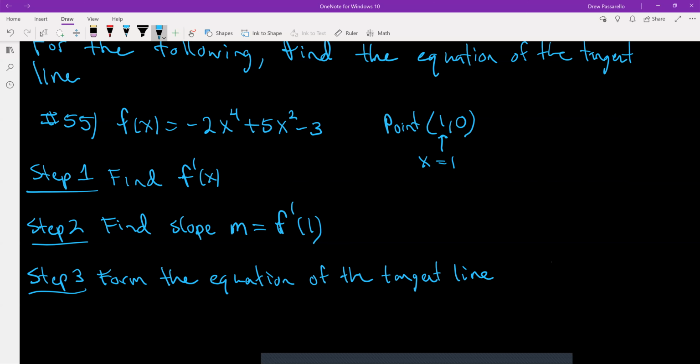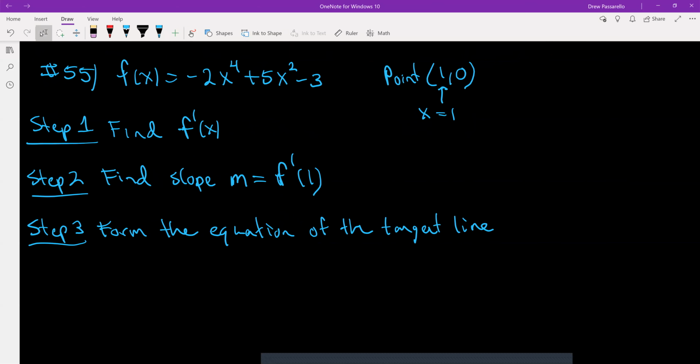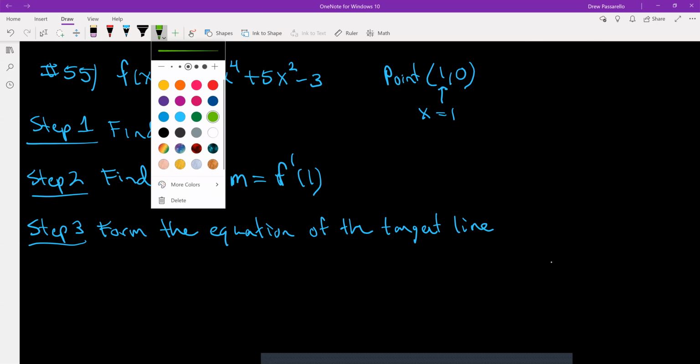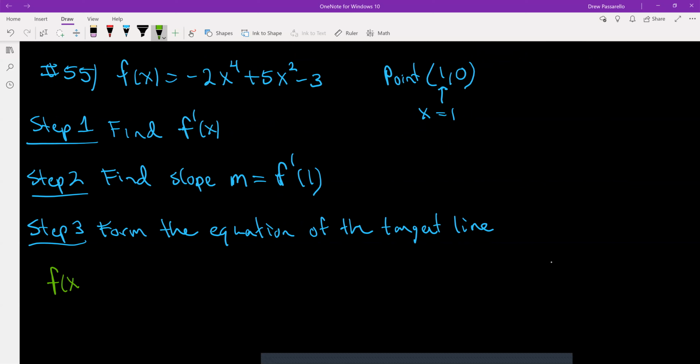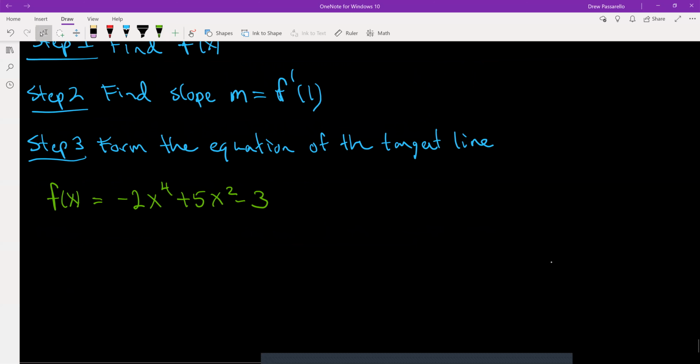So first thing I need to do is find the derivative. All right, so f prime of x. The first term's negative 2x to the fourth power. I factor out the negative 2, and then focusing on x to the 4, I apply the power rule.